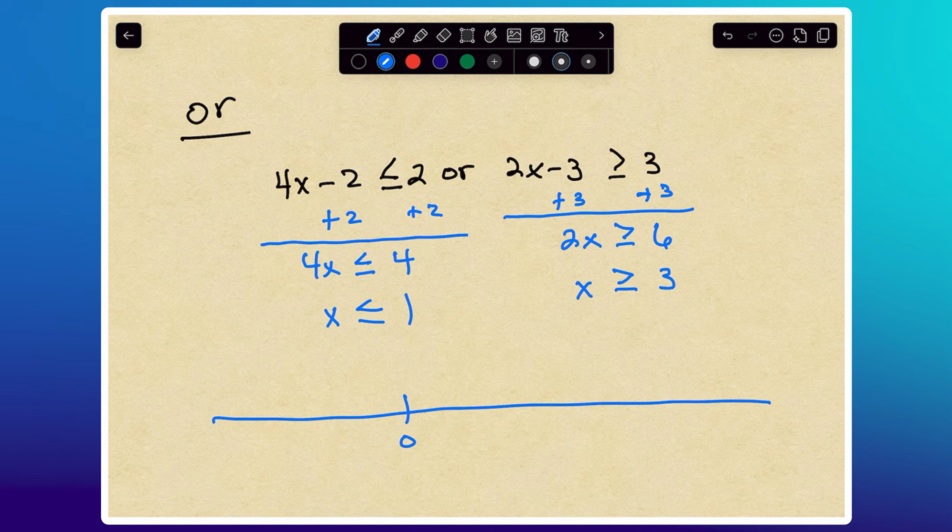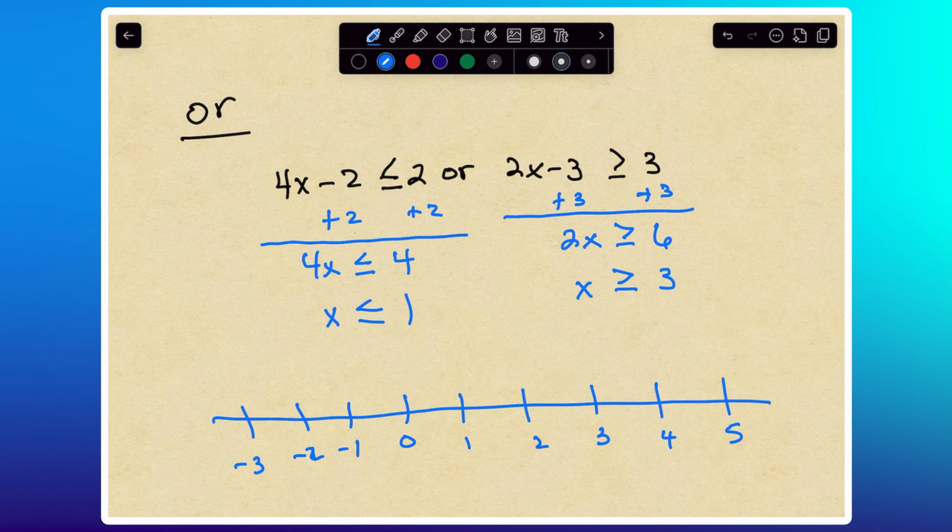Let's put 0 right here, and then it'll be 1, 2, 3, 4, 5. And on the other side, -1, -2, -3.